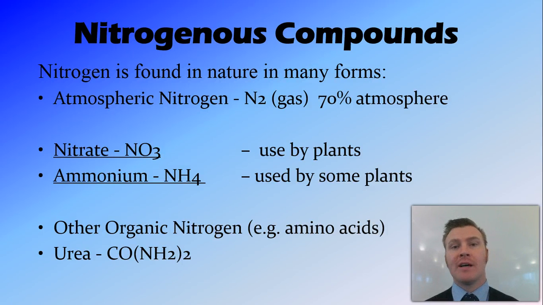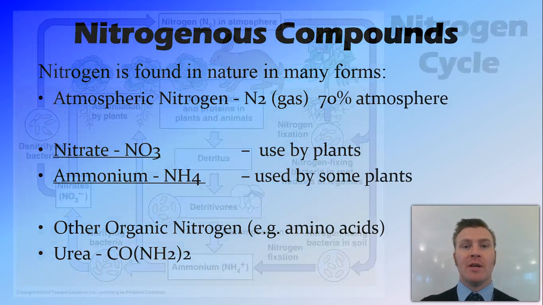And a waste product of humans or animals is urea, which also contains nitrogen. So there's other places that it's found in the environment, but the most important one by far is the nitrate, because that's what can be used by plants and then cycled through the system.